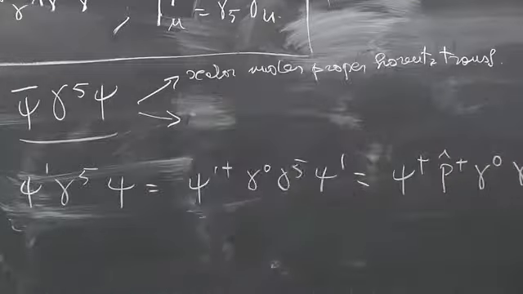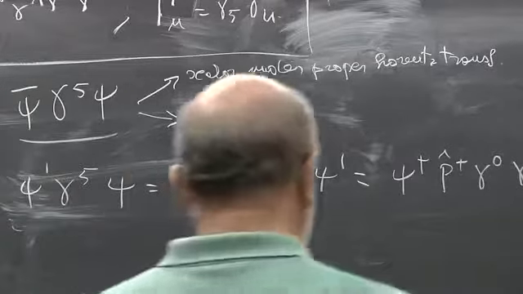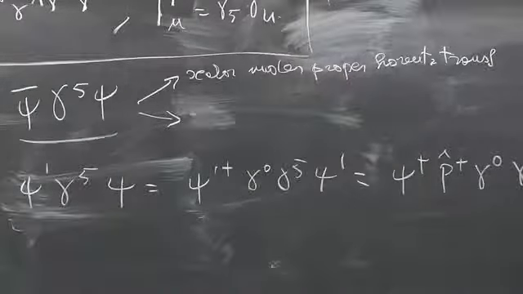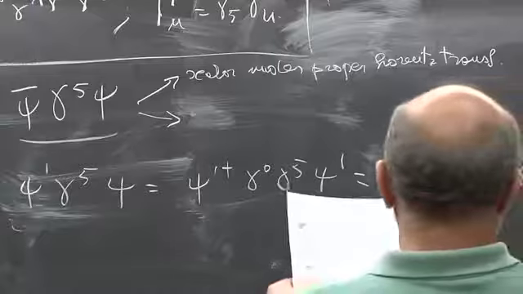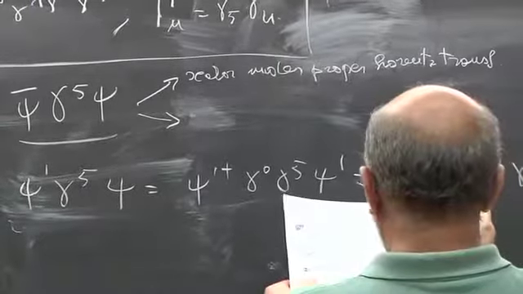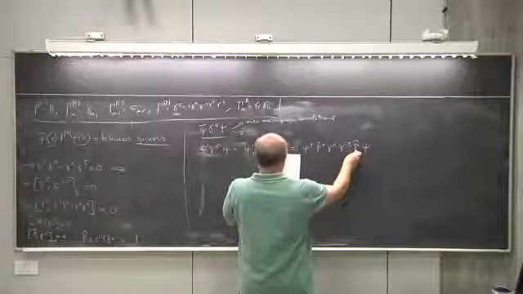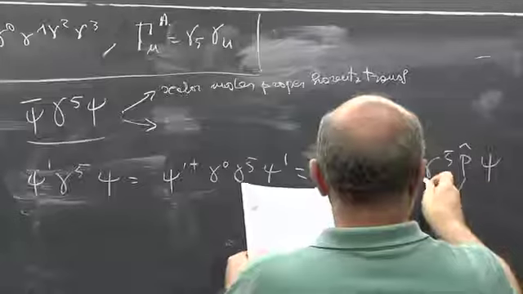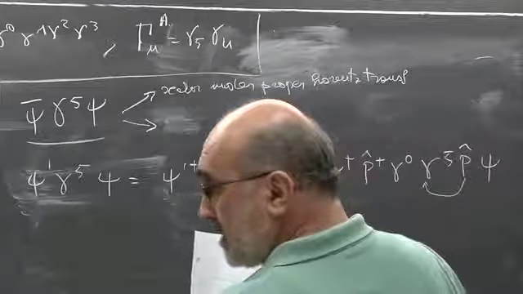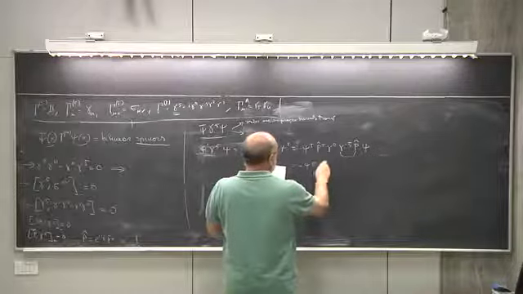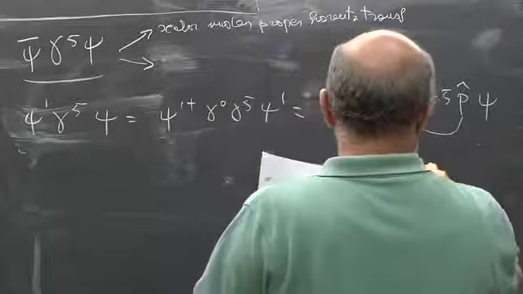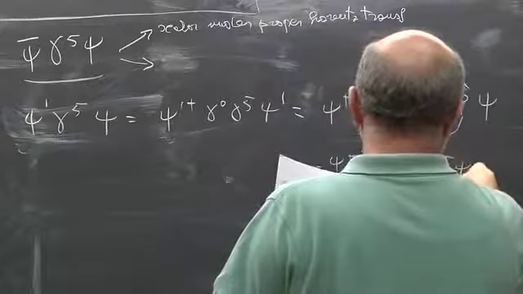Now, P and gamma 0 commute because P is proportional to gamma 0. And P with gamma 5 anti-commute. So what we can do is the following: we bring this on the other side, but as it anti-commutes, we get a minus, so minus psi dag P dag gamma 0 P gamma 5 psi.